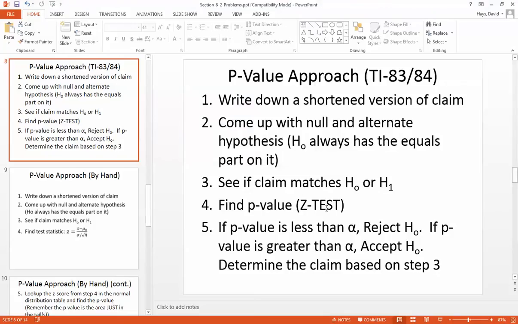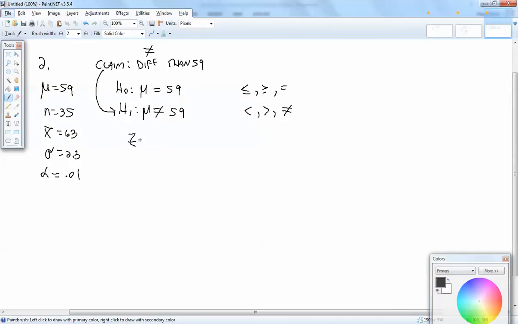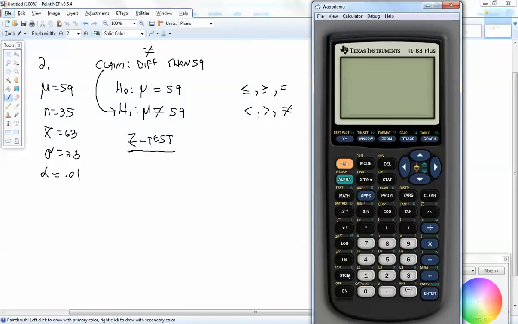Then it says find the p-value using the z-test. So let's go do the z-test. Hopefully I can type it in correctly this time. Okay, so I'm going to go to stat, over to tests, and press enter on z-test. We're given summary statistics again, so that should still be highlighted. Down arrow.